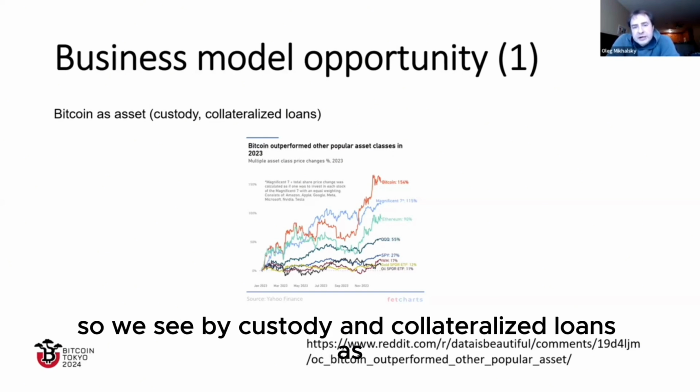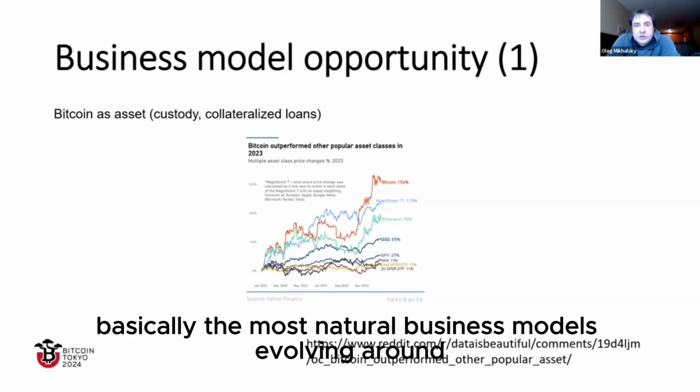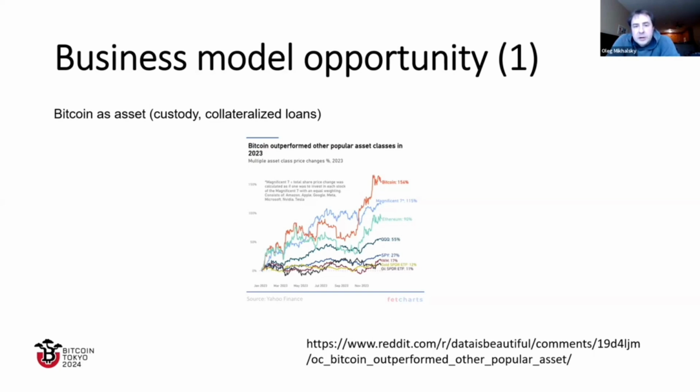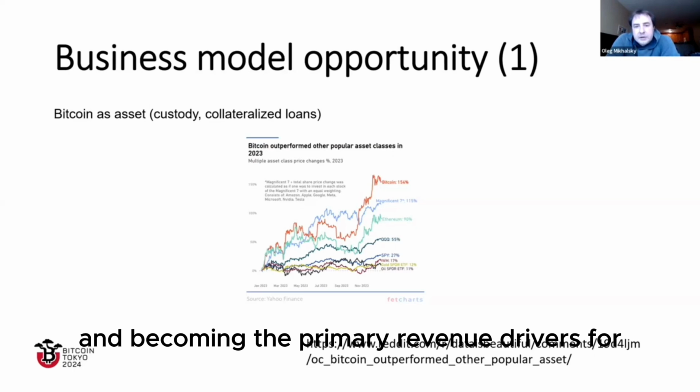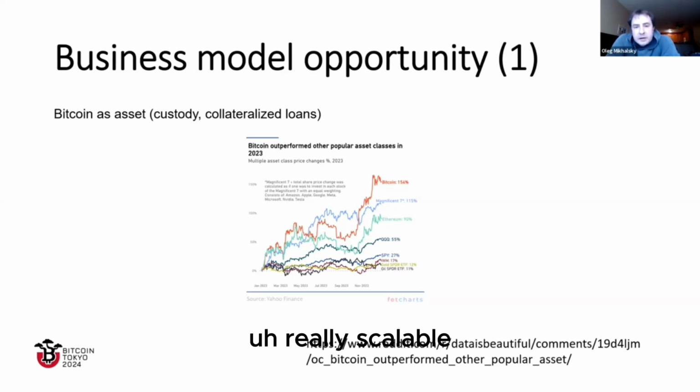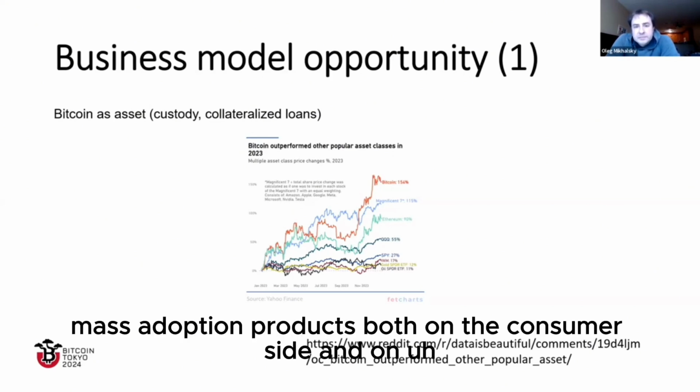So we see custody and collateralized loans as basically the most natural business models evolving around the Bitcoin ecosystem and becoming the primary revenue drivers for really scalable mass adoption products, both on the consumer side and on the enterprise side.